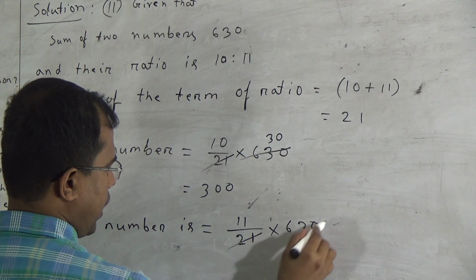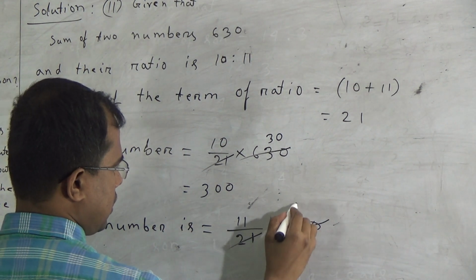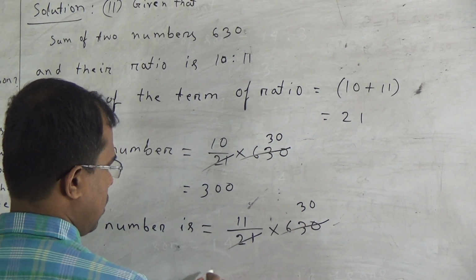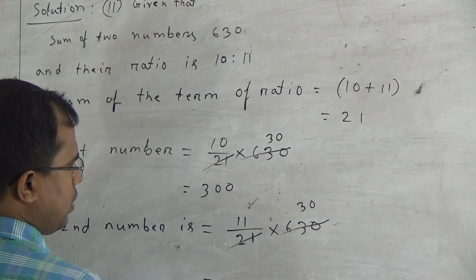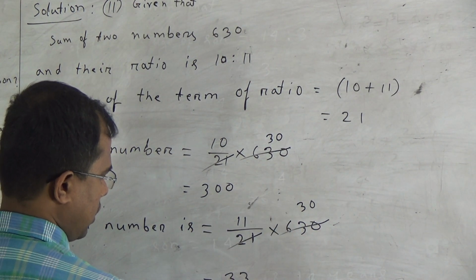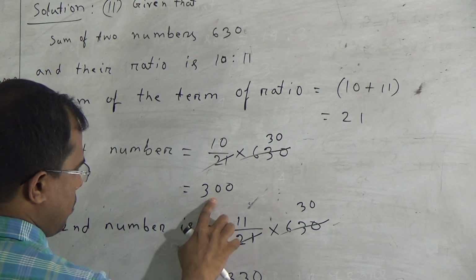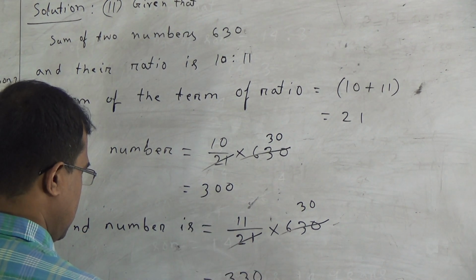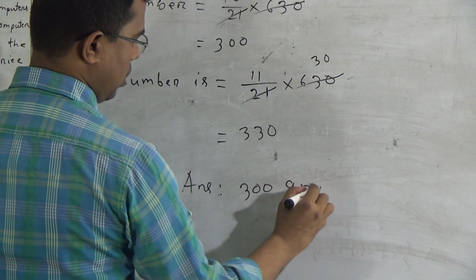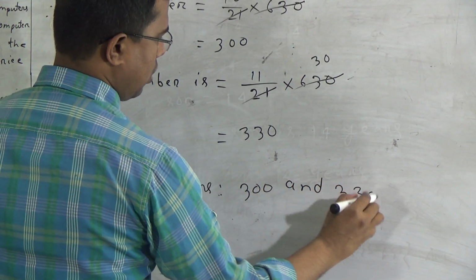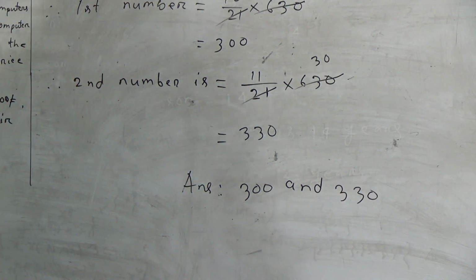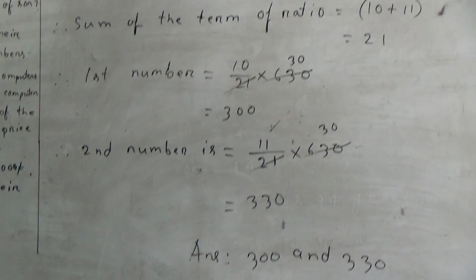Now again 3 21s are 63, 0 will come here. Now 11 3s are 33 and another 0 will come here. That means first number is 300 and second number is 330. Dear students, we have solved 11 number. Now we'll solve 16 number.